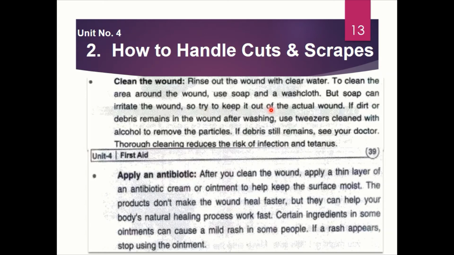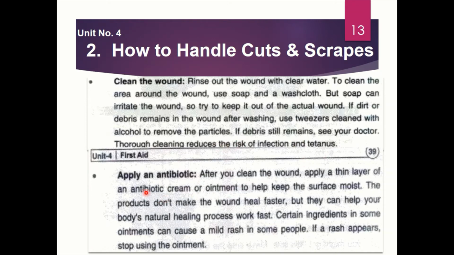So we should try to keep it out of the actual wound, and we should use it in the surrounding areas of the wound. Then if there is some debris or unwanted particles, we can use tweezers that are sterile. If debris still remains and we are unable to remove the unwanted particles, then definitely we should seek the advice of the doctor, so that there is not any risk of infection or tetanus.